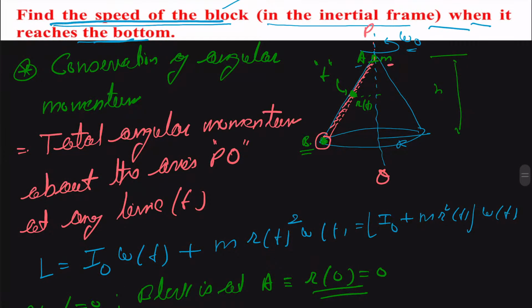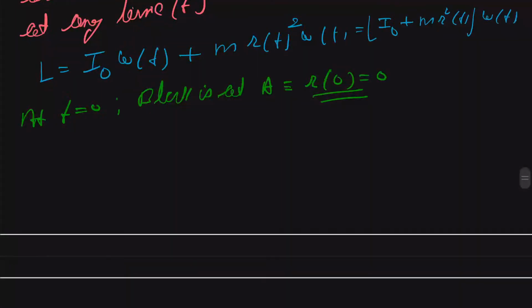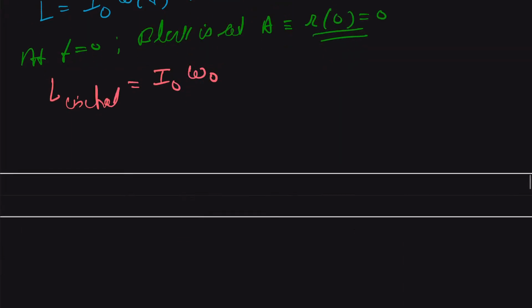Therefore our L initial will be equal to I naught times omega naught. After a certain time it is given that the block reaches the bottom.